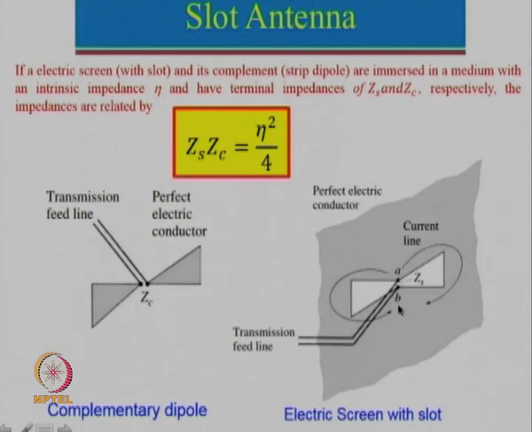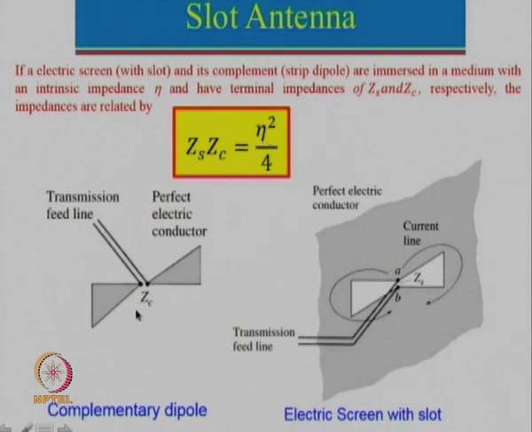Now, there is a very interesting relationship between the dipole antenna and the slot antenna. We can see that Zs multiplied by Zc, that is the impedance of the slot and dipole antenna, is equivalent to this expression here, and that should not come as a surprise, because free space impedance is eta, which is equal to 120 pi.